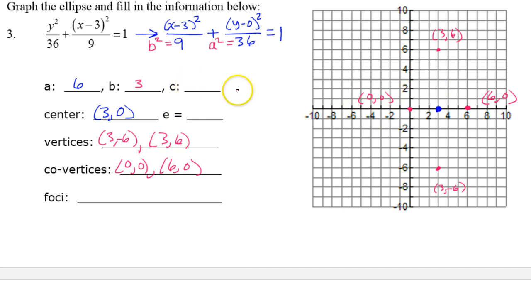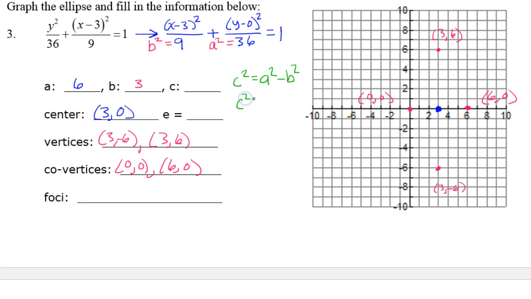So let's go ahead and figure out the c value and therefore the foci. Remember that the relationship is c squared is equal to a squared minus b squared.